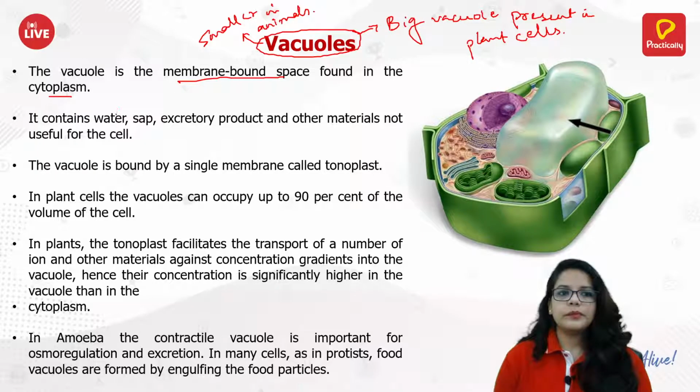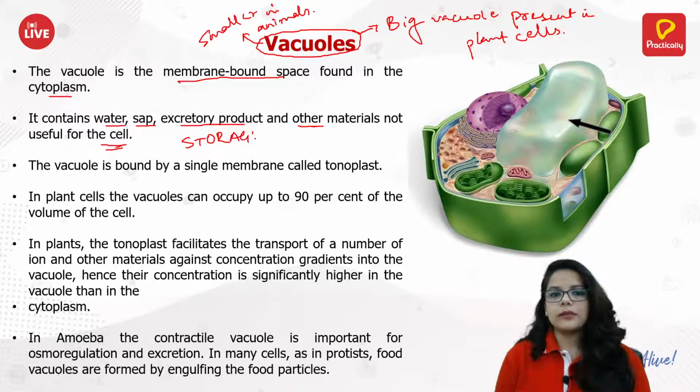Okay, so they contain water, sap, excretory products, and other materials not useful for the cell. The basic function when it comes to vacuole is that it is a storage area. Now vacuole is bound by a single membrane called tonoplast.